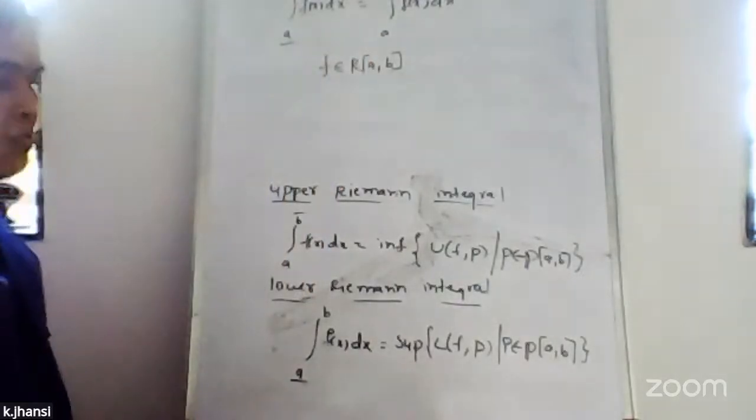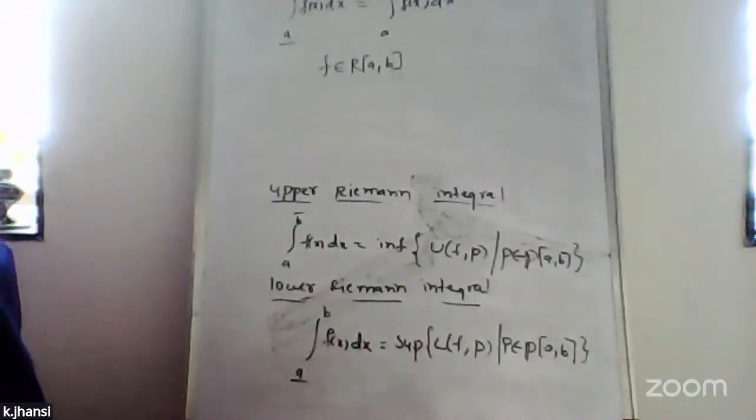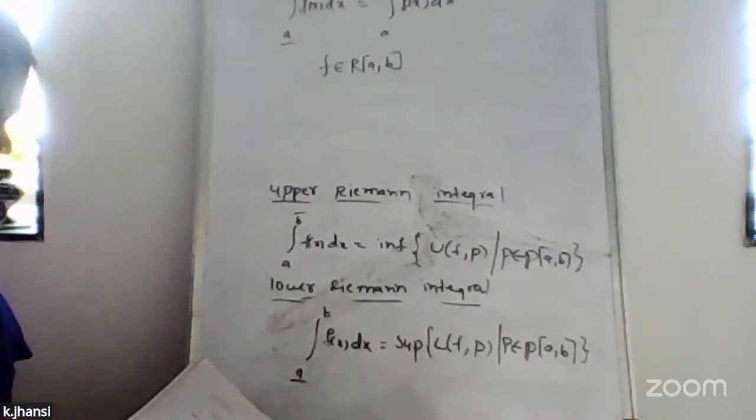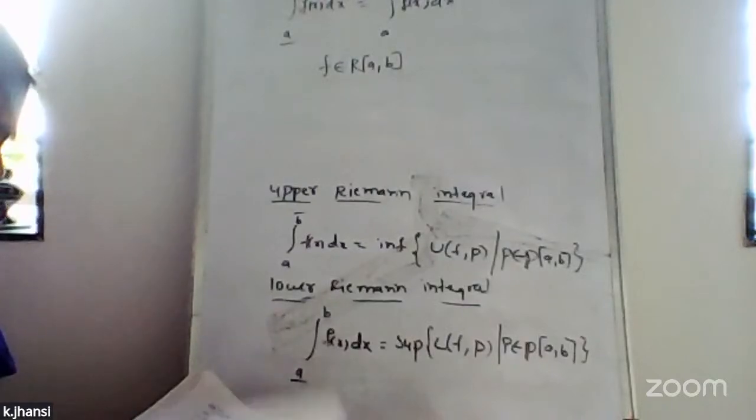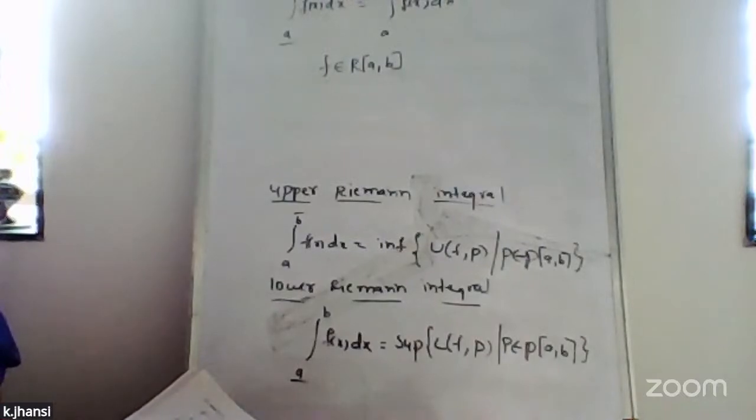So in this, the necessary and sufficient condition theorem is on page number 92. Section 7.3 is there, conditions for Riemann integrability.